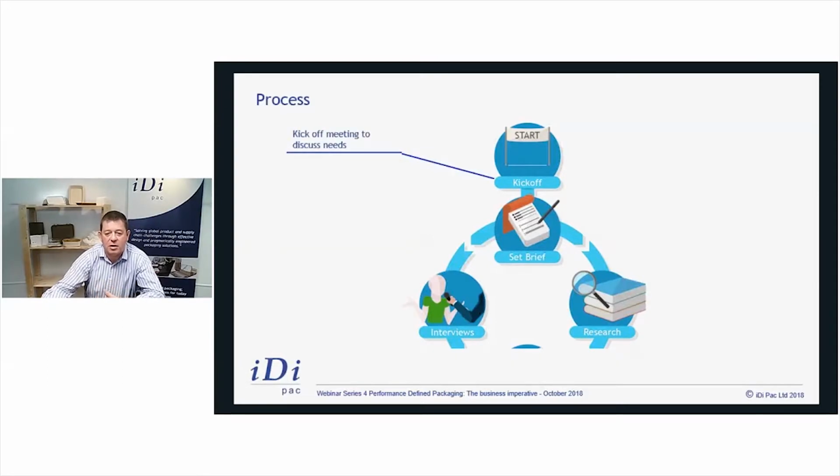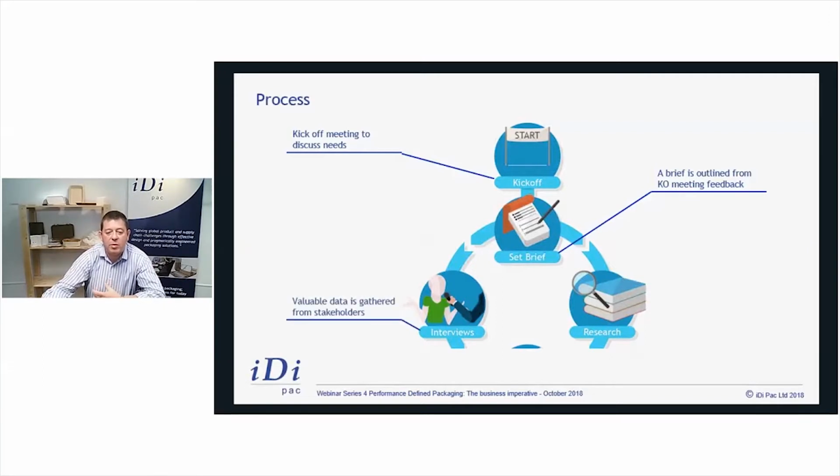These discuss the needs across the supply chain, also across the vendor base, which is a little bit unique in terms of this process. We capture the key data. We bring the brief back from the kick-off meeting feedback. We set the brief, we agree the brief, we work through it.